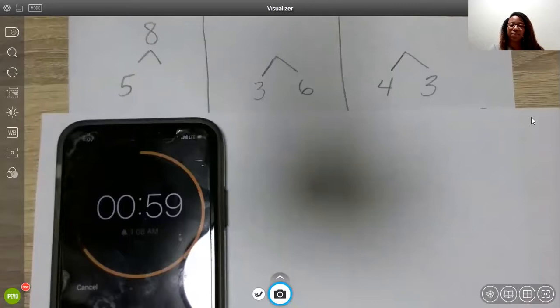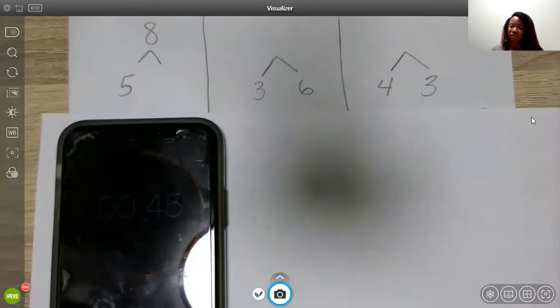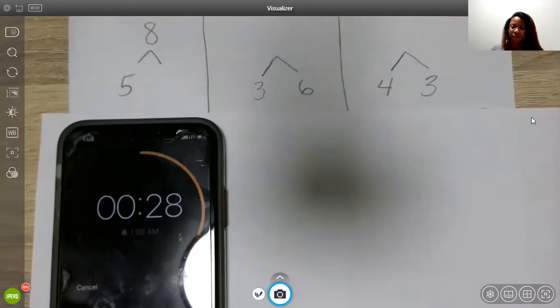You have 1 more minute to finish as many number sentences as you can. About 20 seconds.